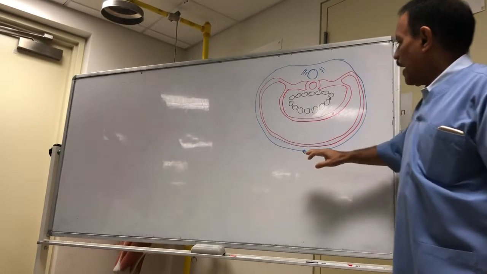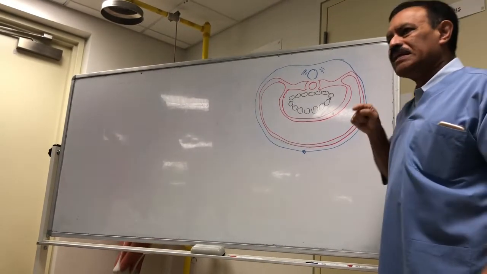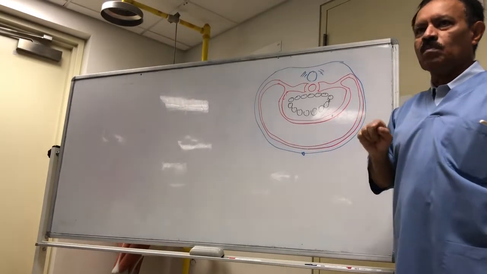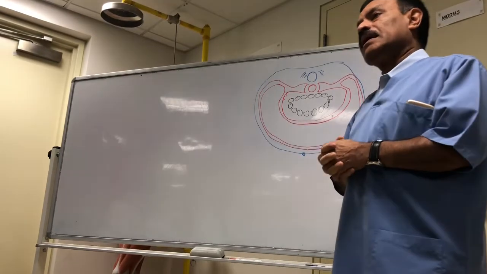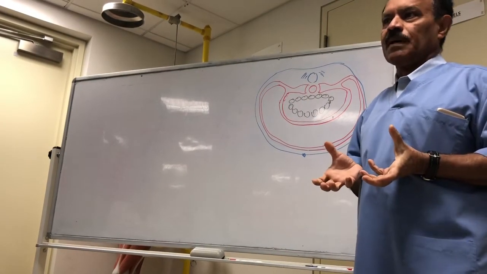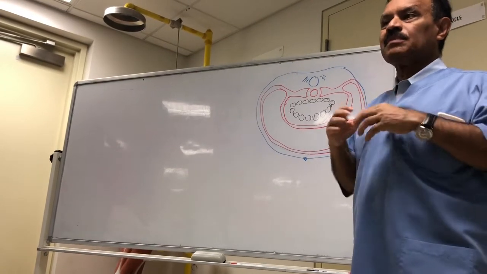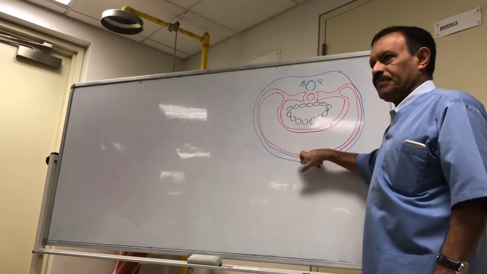Okay? And in the embryonic life, it is called intra-embryonic coelom. Coelom means space. You recall that we had an extra-embryonic coelom, that's for the amniotic fluid to fill it up. Extra means outside. This is intra, or the abdominal cavity.